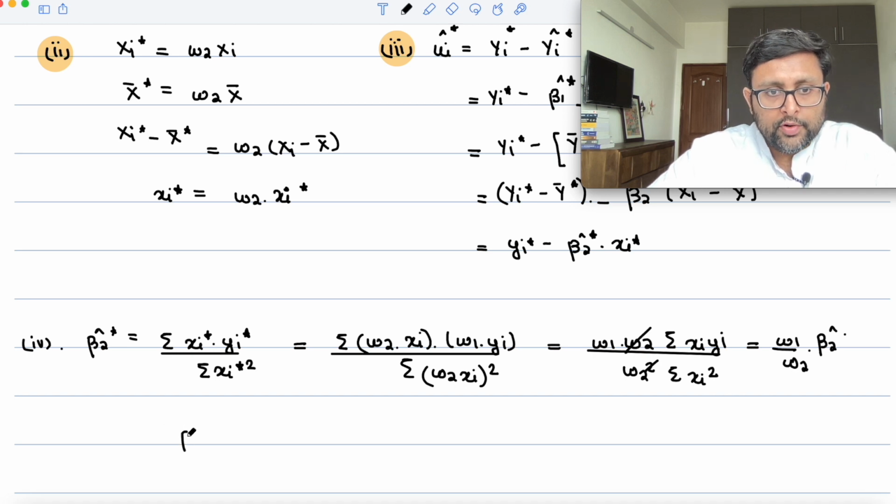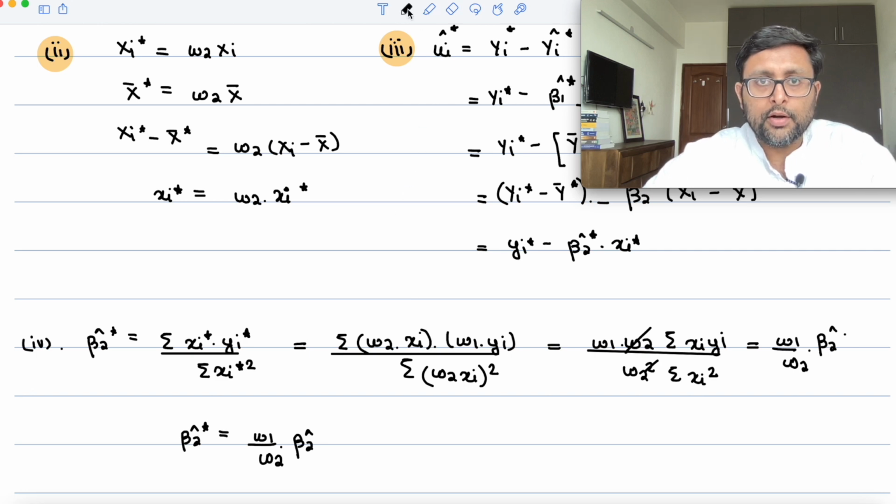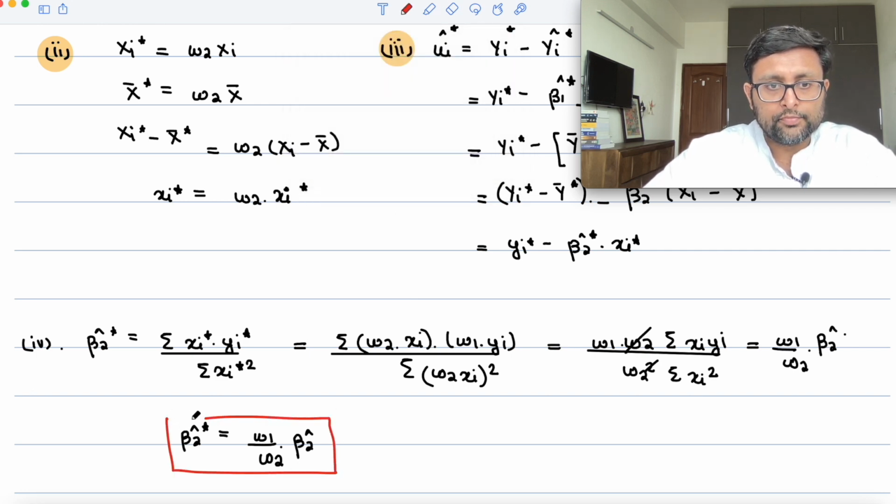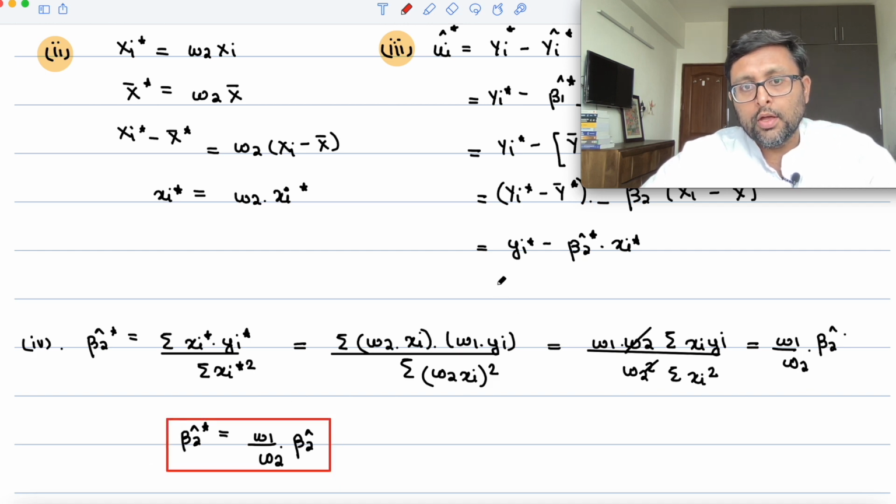So you can write that beta 2 hat star would be equal to W1 by W2 beta 2 hat, like this.